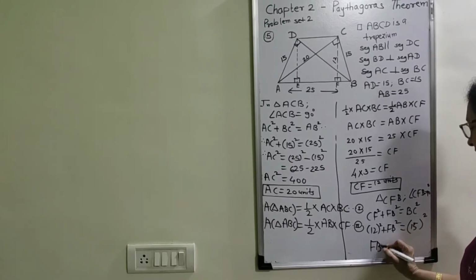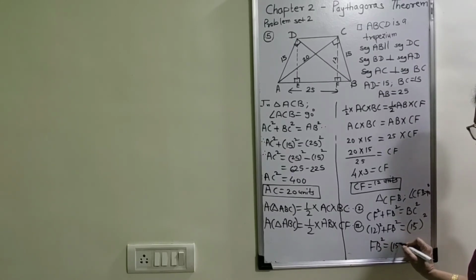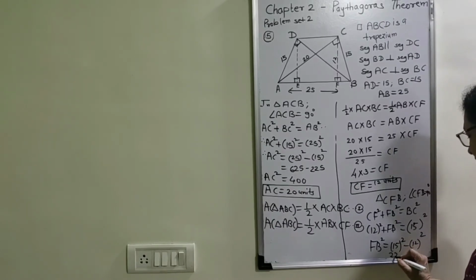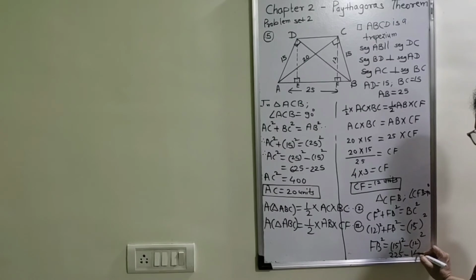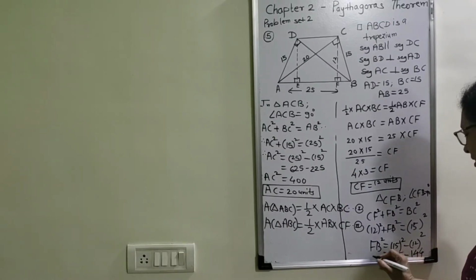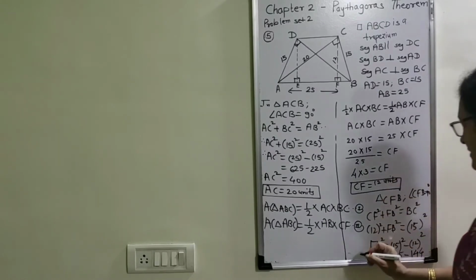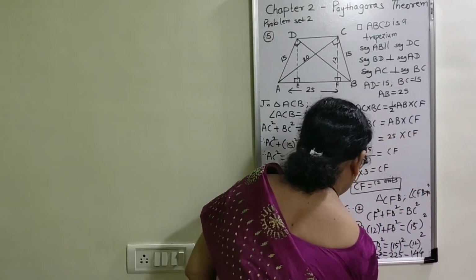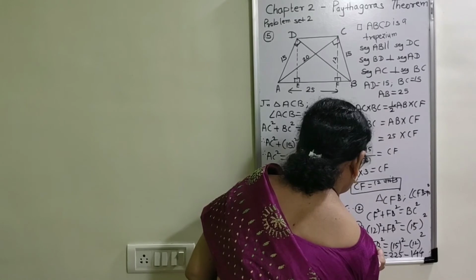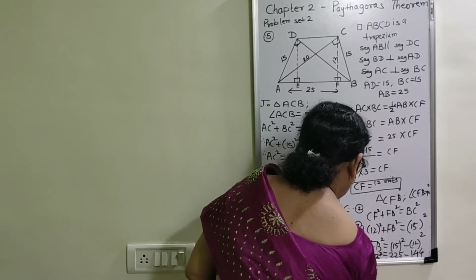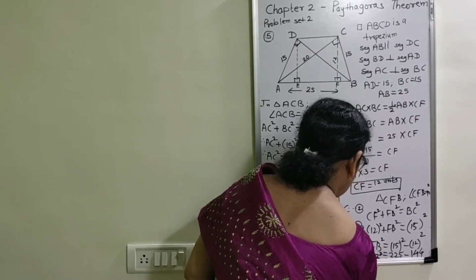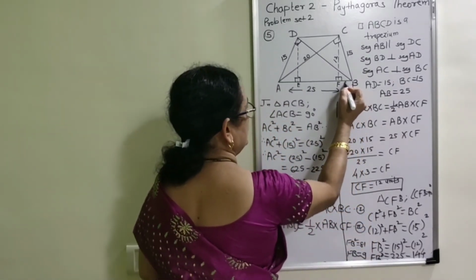Therefore FB square is equal to 15 square minus 12 square. 15 square is 225. 12 square is 144. FB square is equal to 81. And therefore taking square roots, I am getting FB is equal to 9 units.